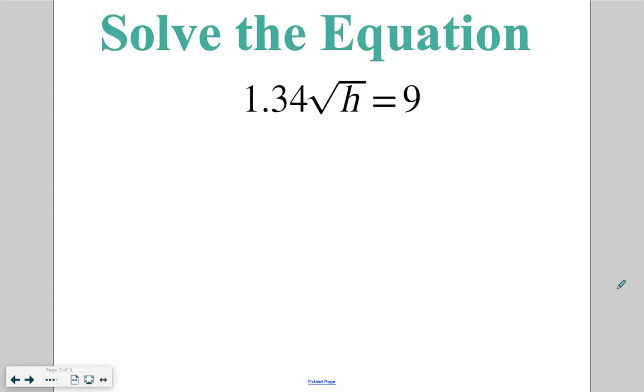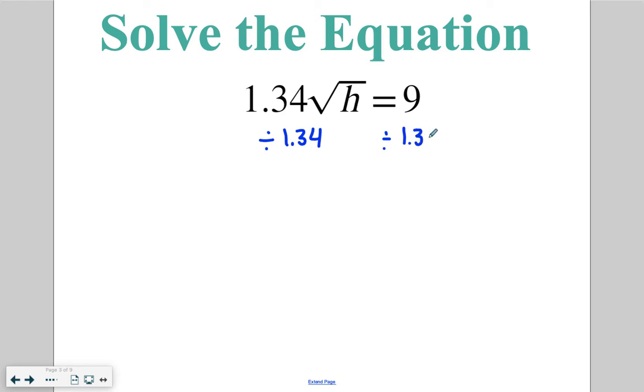So, for example, we've got 1.34 times the square root of h is equal to 9. So first job, we are looking outside of the radical, and outside of the radical, we've got 1.34. 1.34 is being multiplied with that radical, so we're going to go ahead and divide both sides by 1.34.